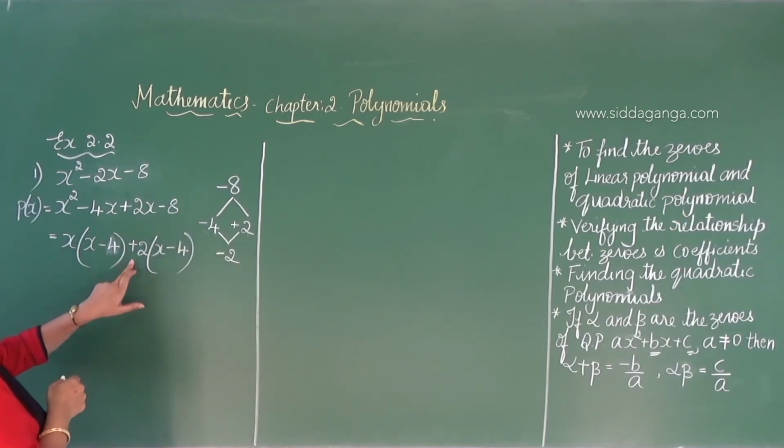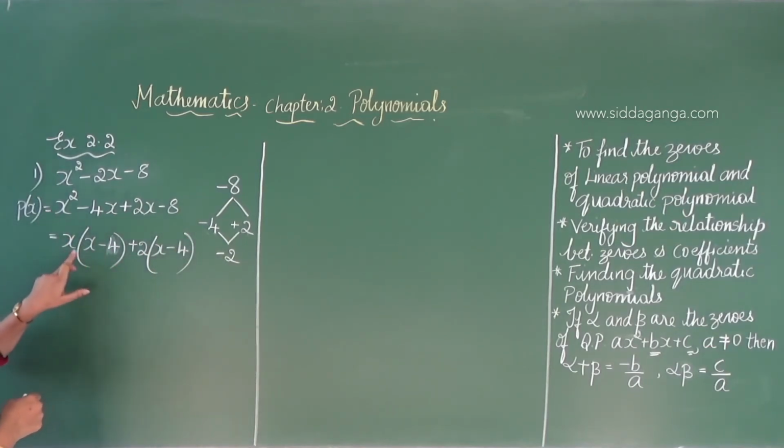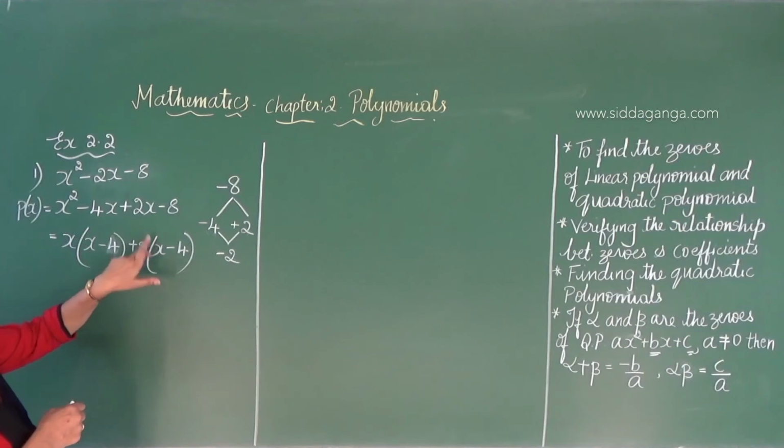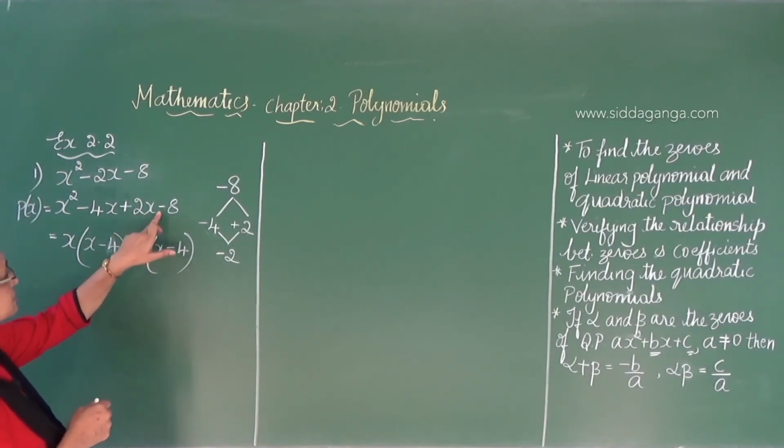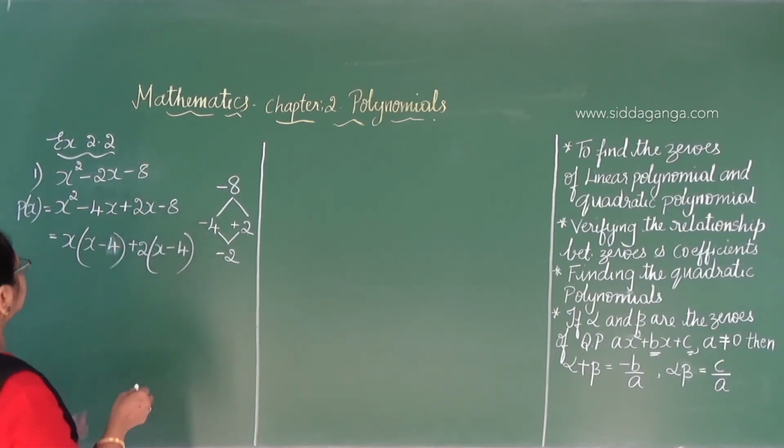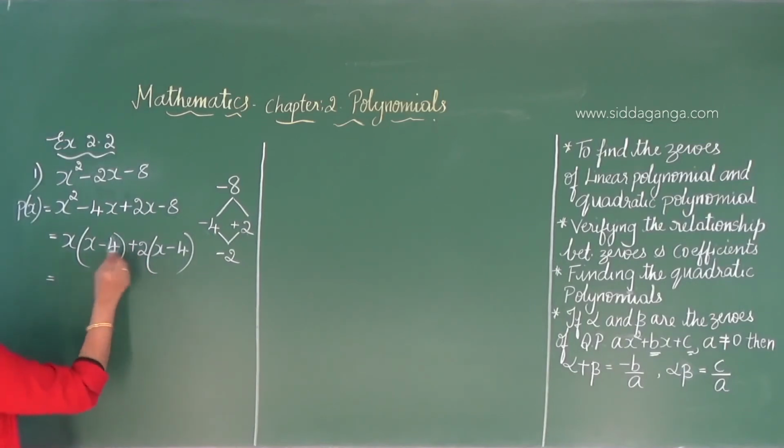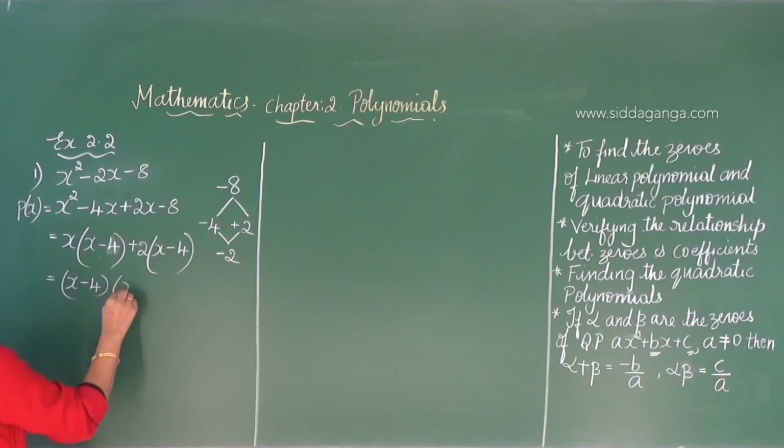Just check once whether it is correct. x into x, x square minus 4x, then plus 2x, 2 into x, 2x, plus into minus is minus, 4 twos are 8. Now here x minus 4 is common, and x plus 2.